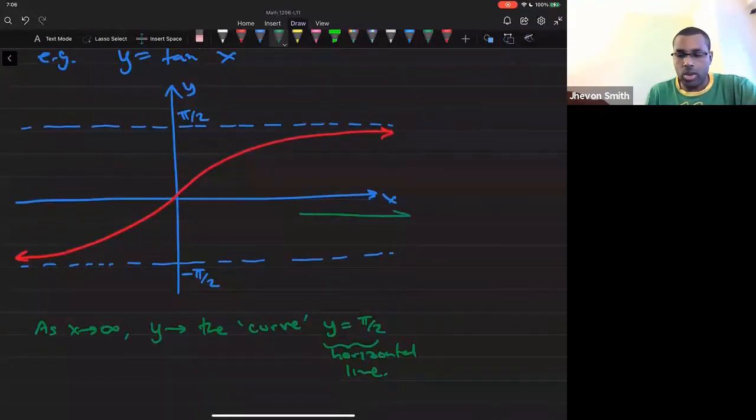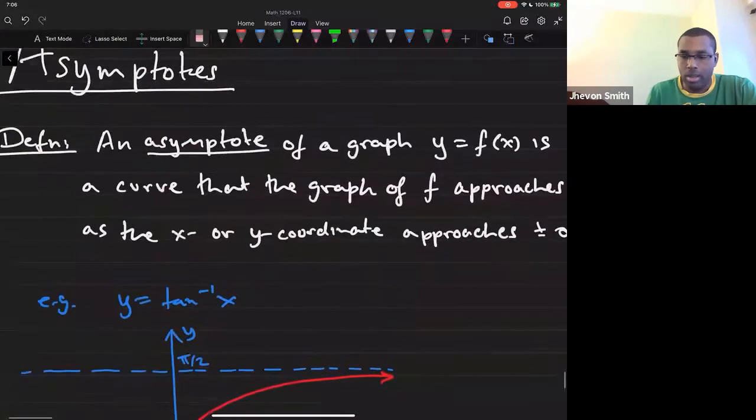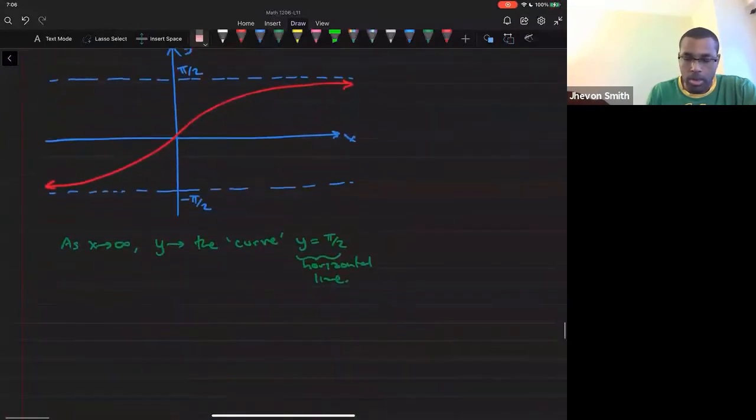So as your x coordinate is going off to infinity, your graph is approaching a certain curve. What is that curve? It's the curve y equals pi over 2. That by definition is an asymptote.